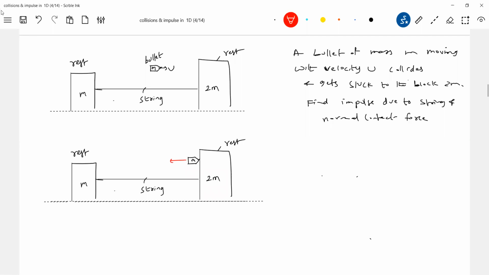The same normal contact will act on the block A. So let me name the blocks A, B, and this bullet as C. This normal contact acting on block A makes the block A move towards the right. Then the string will be jerked; you can even show the string loose. This A will start moving, then it will be jerked. What do you mean by jerk? Suddenly the string becomes taut. So a sudden increase in tension will set up an impulse.